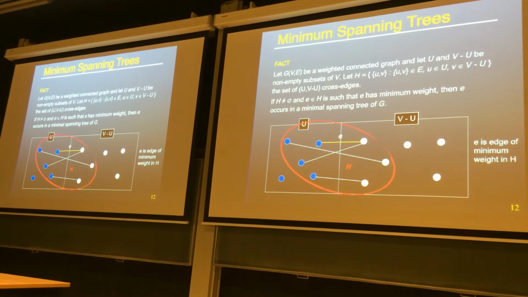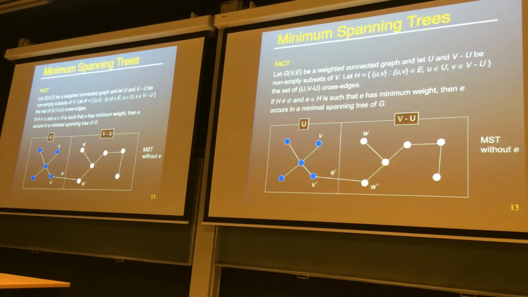So suppose that we investigate H, and now it turns out that E is the edge with minimum cost. So E should occur in a minimum spanning tree. And now just assume that E is not in the minimum spanning tree, and there is a more costly edge here, E prime, that occurs in the minimum spanning tree. Now I can easily show you that instead of E prime, we can find a cheaper spanning tree.